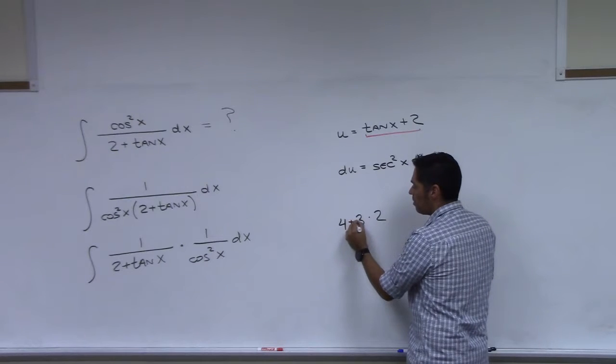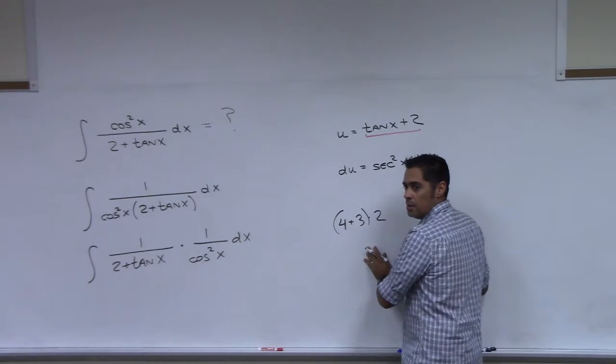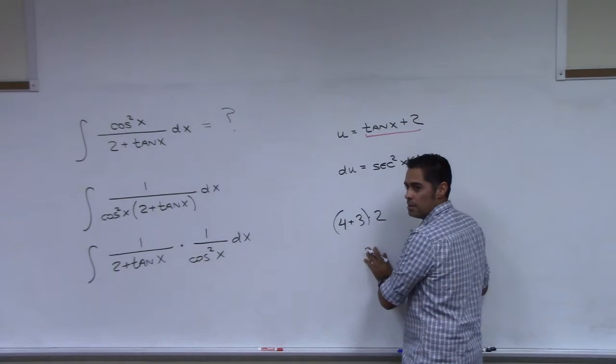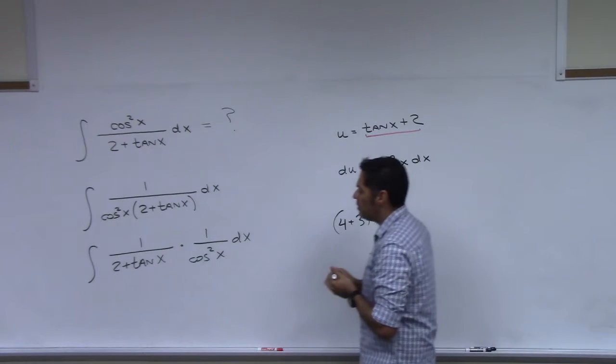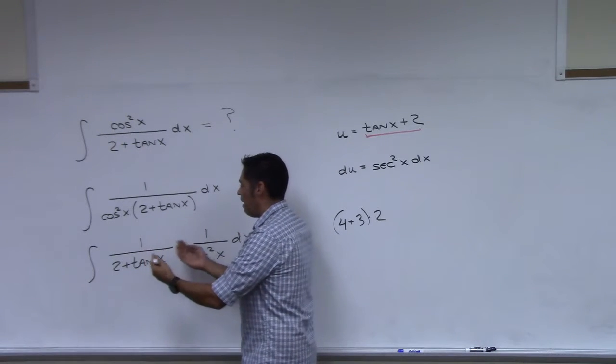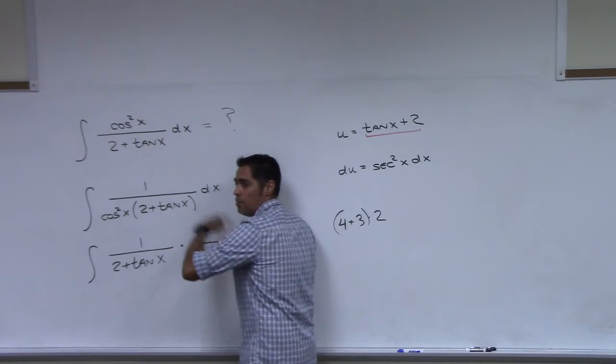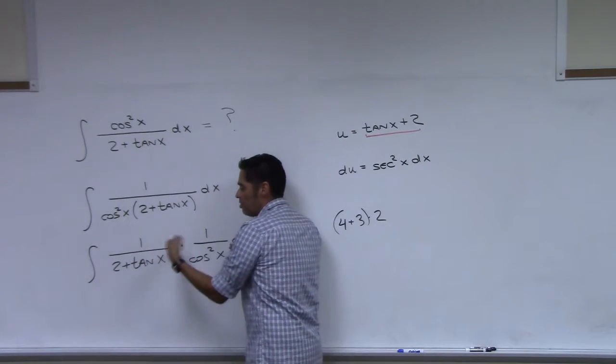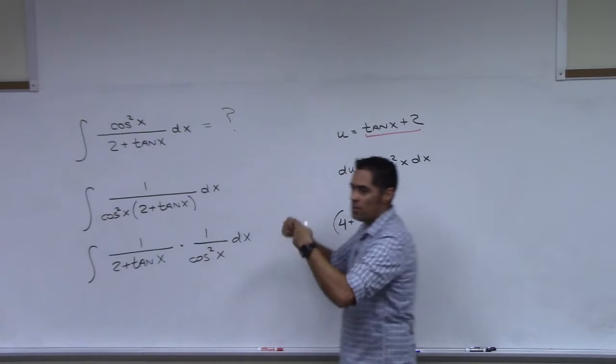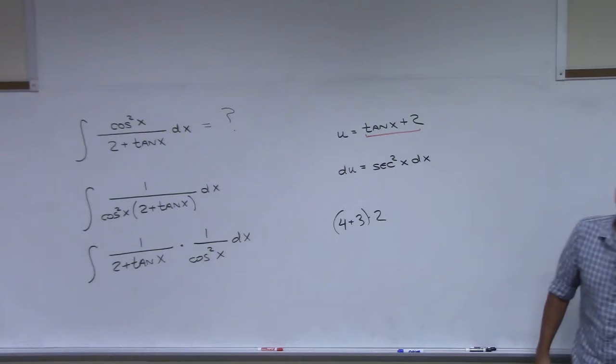If it was 4 plus 3, then I would need parentheses. I don't know if that makes sense. You only have distribution when you have multiplication over addition or subtraction. If you just have a bunch of things being multiplied, then there is no such thing as distribution.